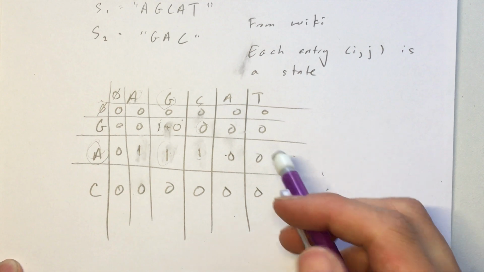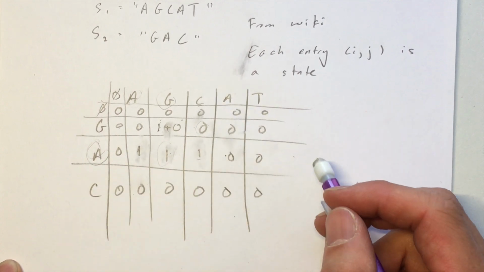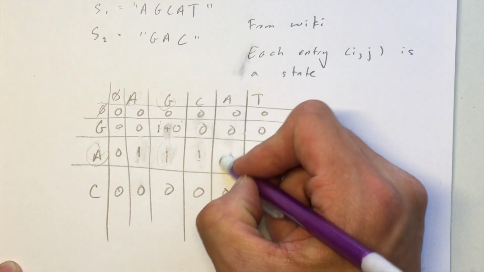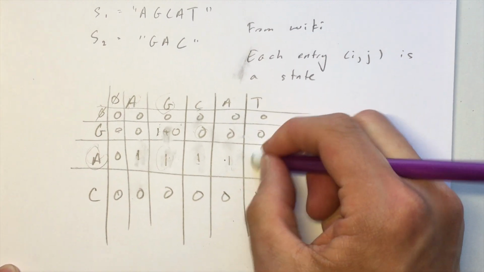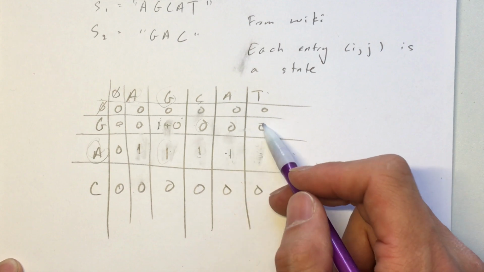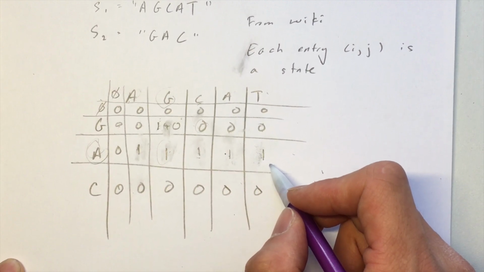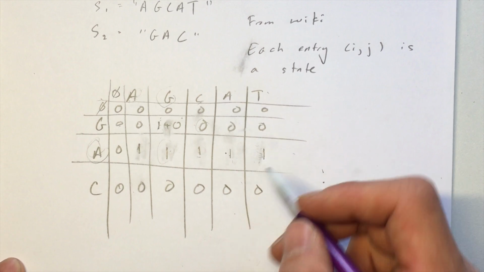And now we're here. So at this state, we check A with A. They're equal. And now we check the diagonal. It's 0, so we add 1. Likewise, A and T, they're not equal, so we take the max of this state and this state. It's 1 again. And pretty much, oh wait, did I make a mistake?